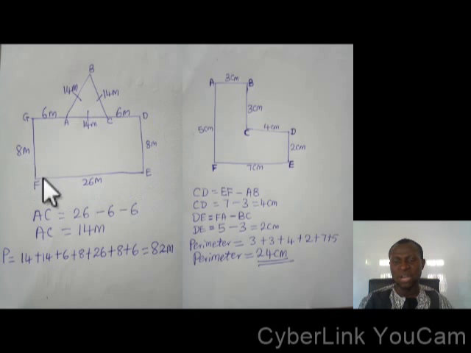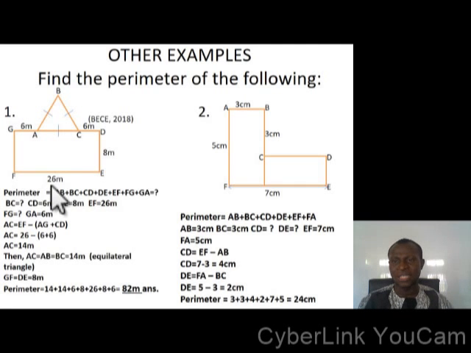All we need to do now is to do our addition of all sides, because the perimeter means the distance around the shape. So, as you can see now, AB plus BC plus CD plus DE plus EF plus FG plus GA.